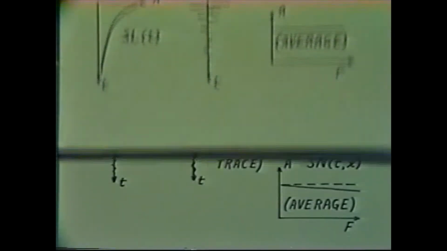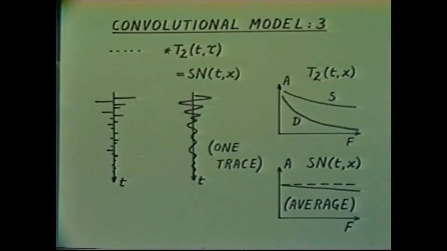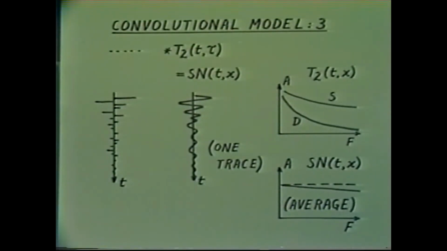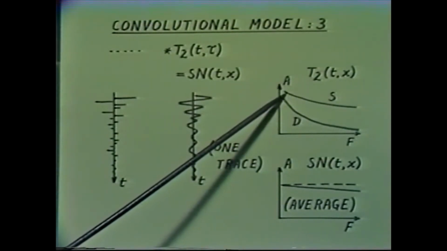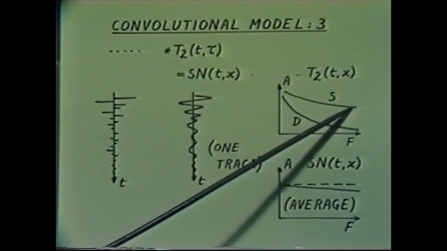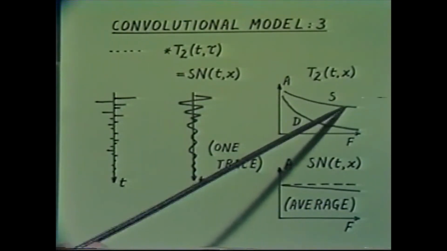The final term in the first part of the model equation is the absorption effects, T2, sometimes called inelastic attenuation. Now, the inelastic attenuation effect is like a time-variant high-cut filter. On the shallow data, it has a very gentle high-cut effect.